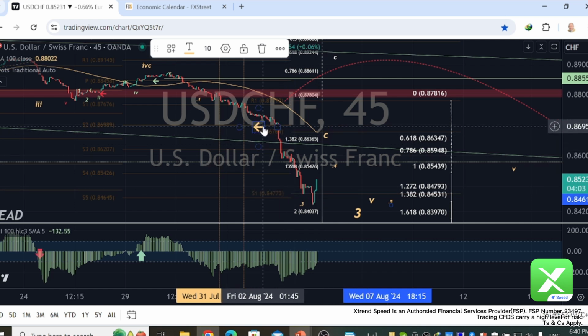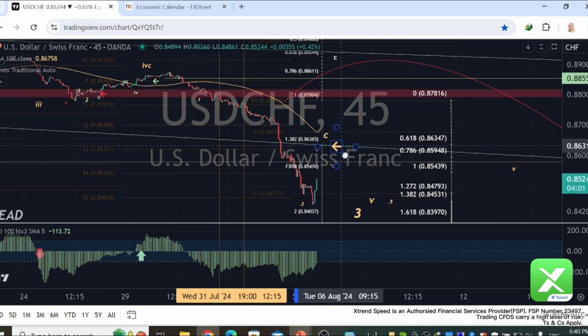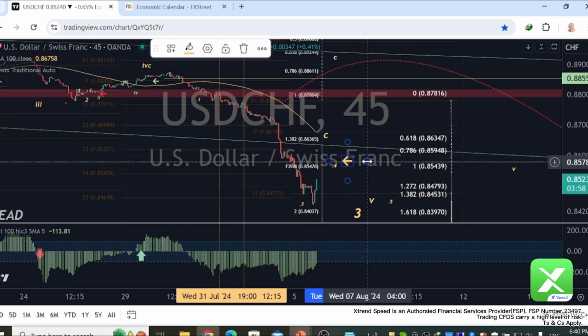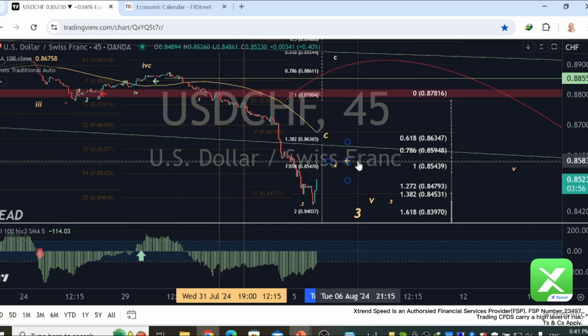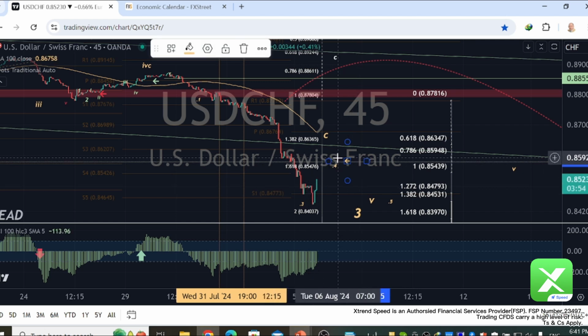So the best trade to take if you wish to trade the dollar against Swiss franc is to wait for that retraction back into 4.